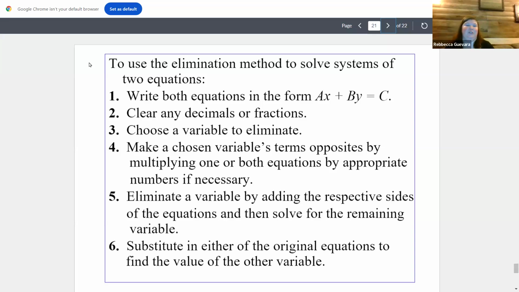We just want to make sure that for the variable we're choosing to eliminate, we can make the coefficients opposites. Eliminate a variable by adding the respective sides of the equations and then solve for the remaining variable. Then substitute into either of the original equations to find the value of the other variable. Like I said, it's just a walkthrough of what we did.